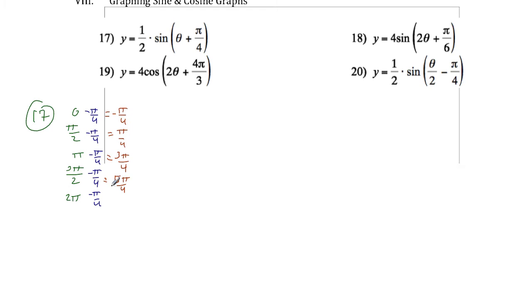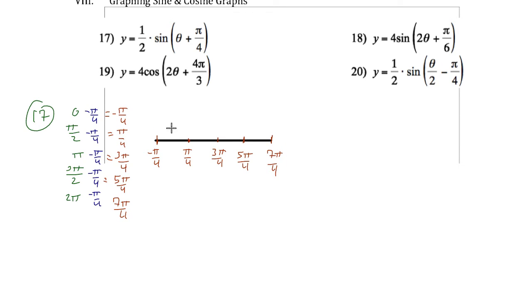And 2 pi is 8 pi over 4 minus pi over 4, which is 7 pi over 4. These are the new x values. So if I graph my x-axis, I'm going to divide this up into fifths: negative pi over 4, pi over 4, 3 pi over 4, 5 pi over 4, and 7 pi over 4.